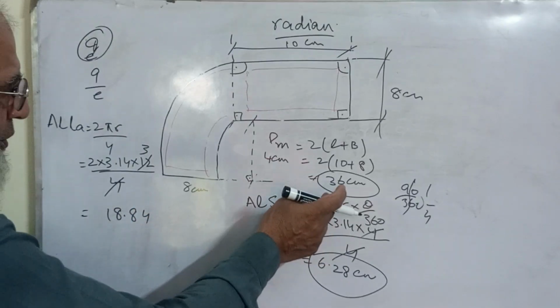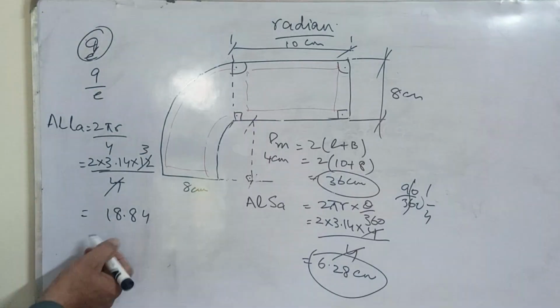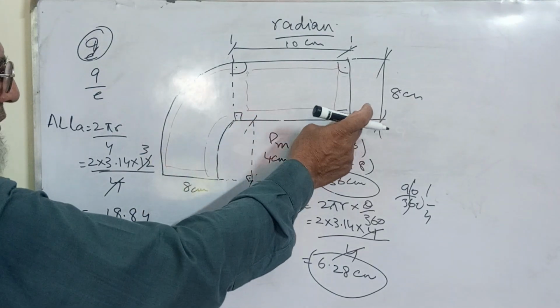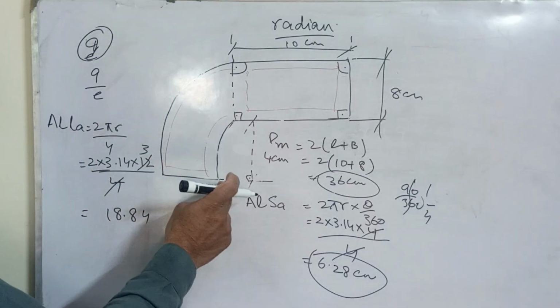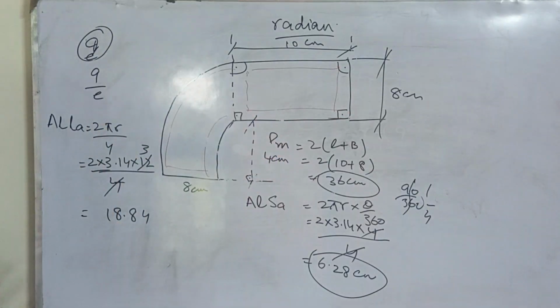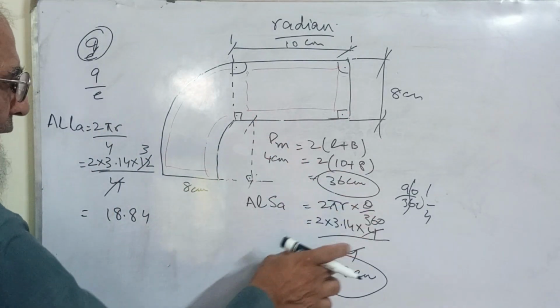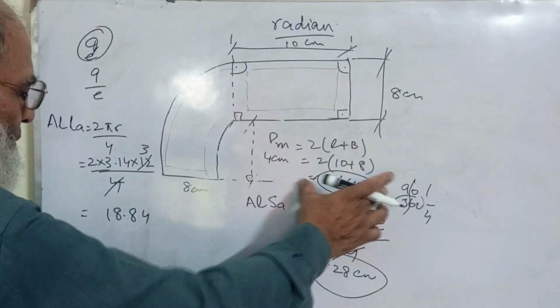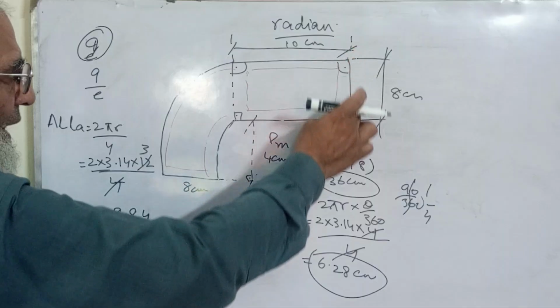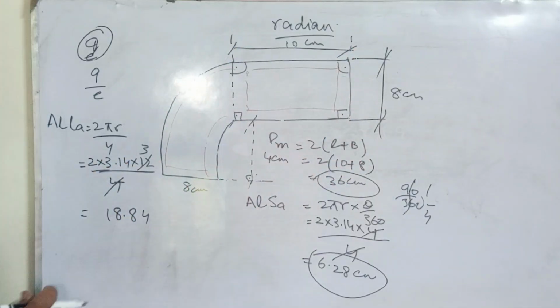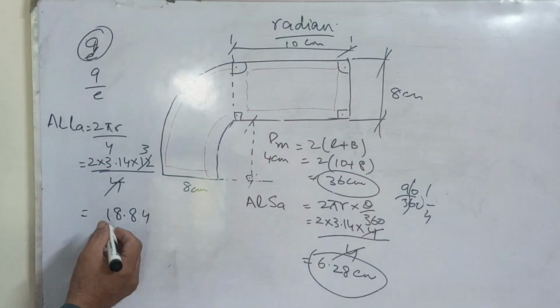18.84. Now all these will also be added, because if we start from here, we go here, come back, the whole thing will be added. One arc length, second arc length, and this part and this part. So we are completed now.